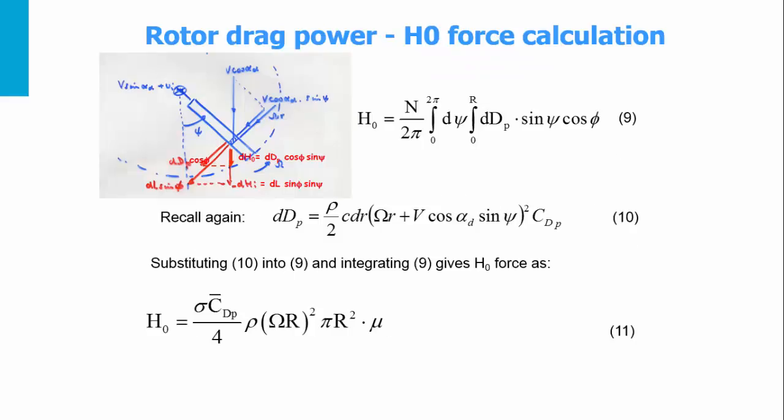If you remember, the H0 force was also due to the profile drag, the component with sine psi and cosine phi. Integrated along the radius from 0 to R, and multiplied by the number of blades divided by 2 pi, it results in the integral for the H0 force.